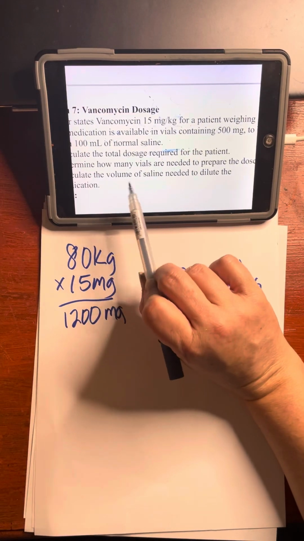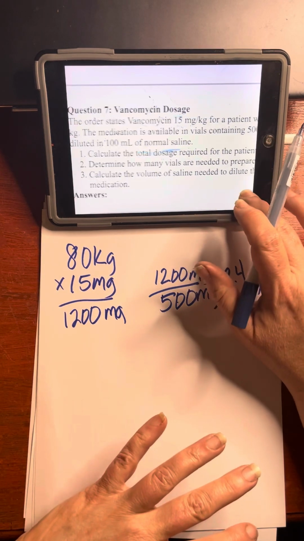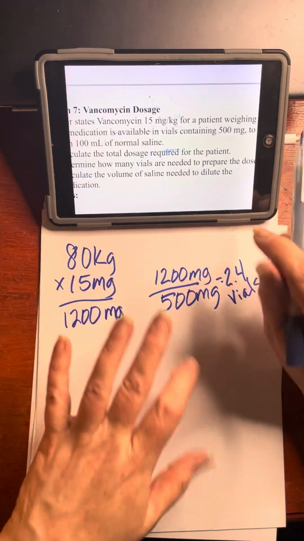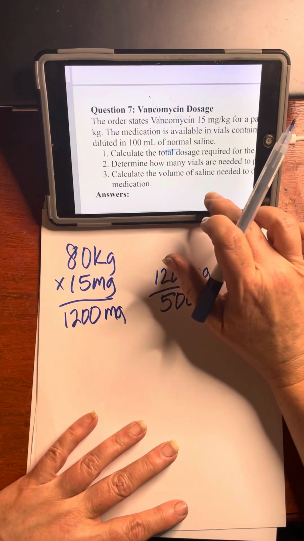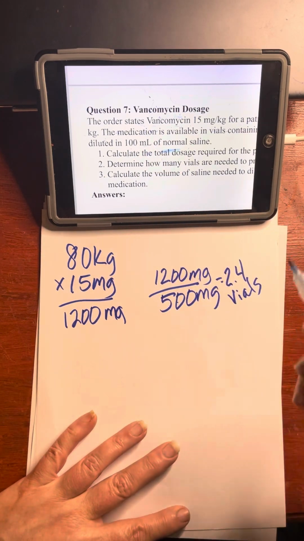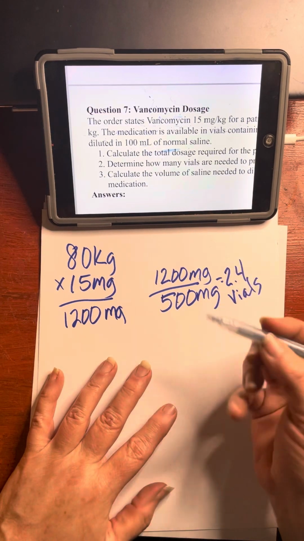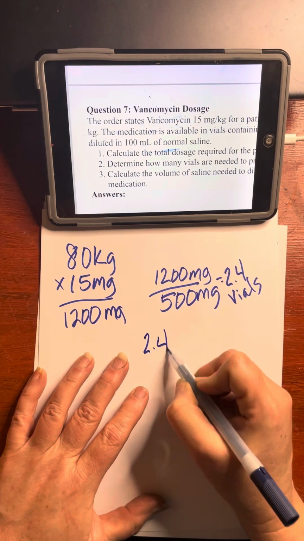And then you got to calculate the volume of saline needed to dilute the medication. And this says the 500 milligram vials are to be diluted with 100 milliliters of normal saline each vial. How many do we need? We need 2.4 vials.